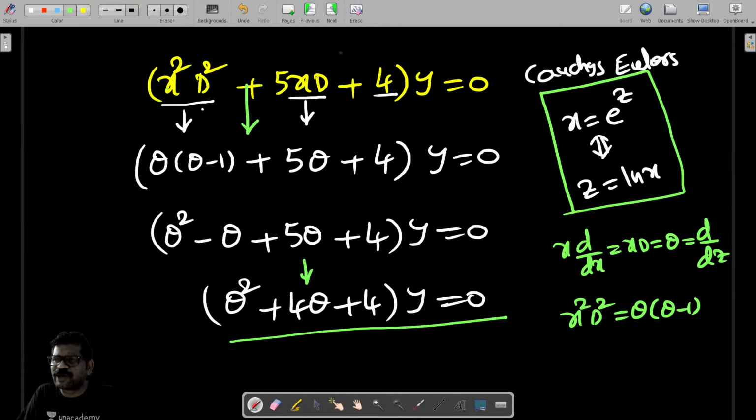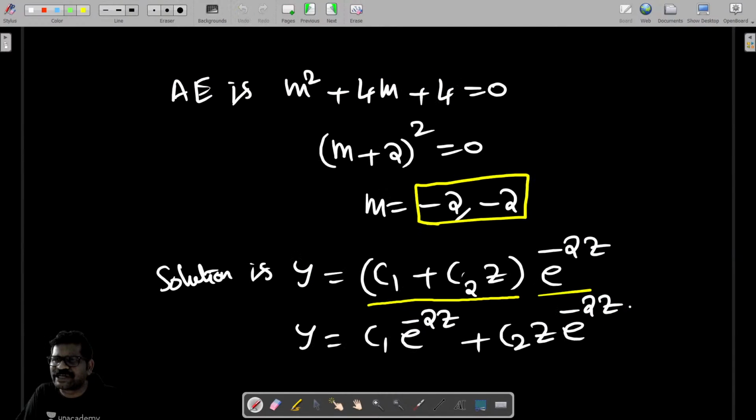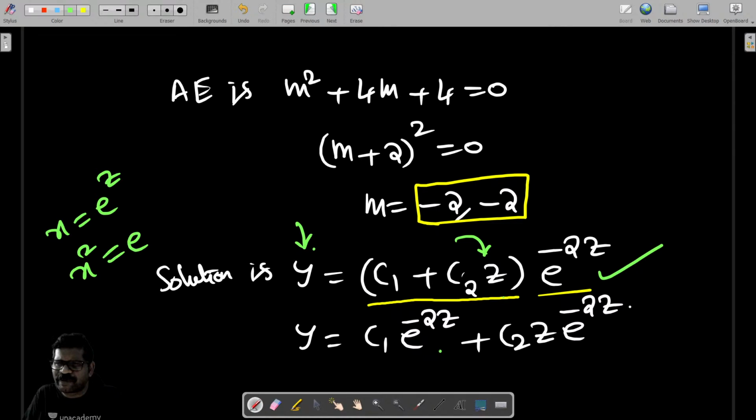Whatever solution you get, you have to write in terms of c1 and c2, in terms of z and y. After getting the solution in y and z, you have to convert it in terms of x and y. If x is e power z, x square is e power 2z, and x power minus 2 is e power minus 2z.